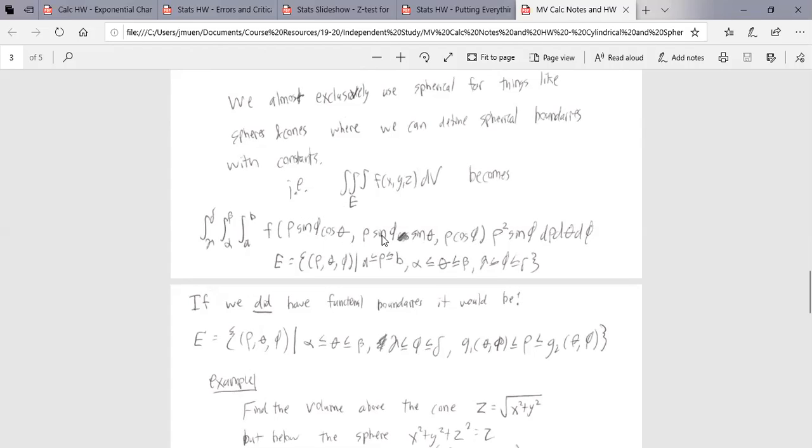Thinking about shapes in polar or spherical coordinates, certainly not spherical, and even polar, not so much. And what that means is that it can be hard to come up with boundaries, and it just takes practice. And I'll tell you right now, drawing shapes helps.